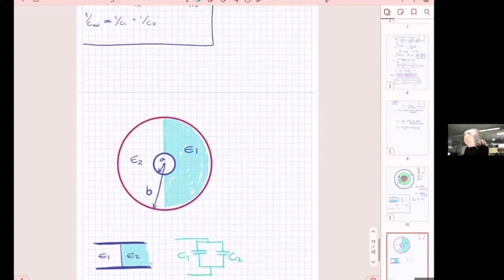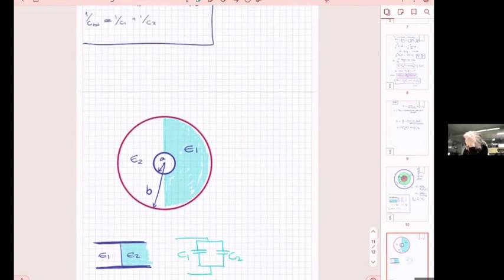How about this one up here? The two sides share the same metals. Therefore, how are the capacitances going to be? In parallel.